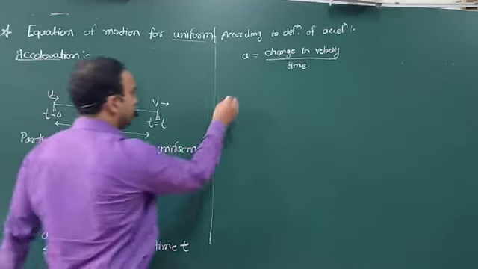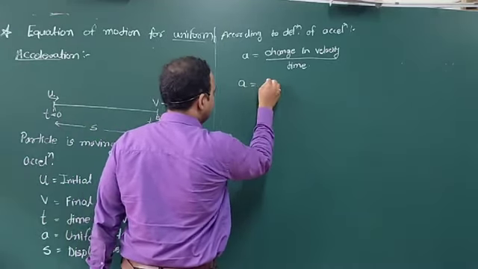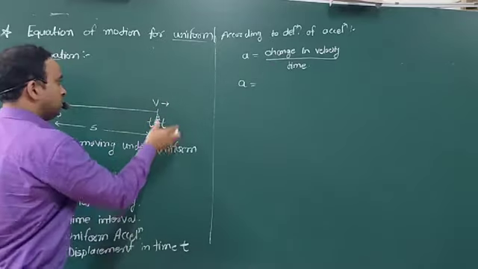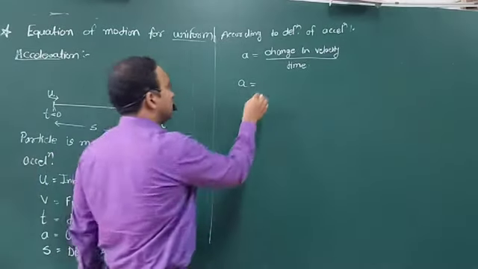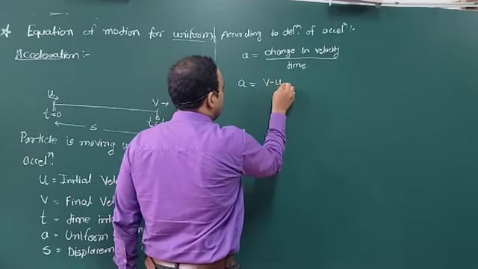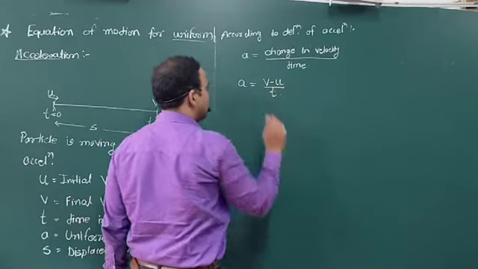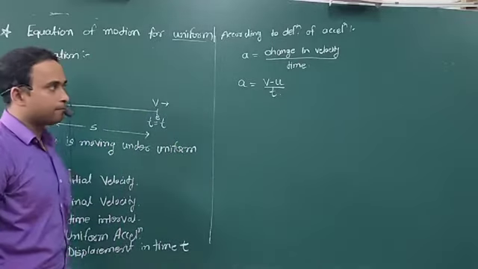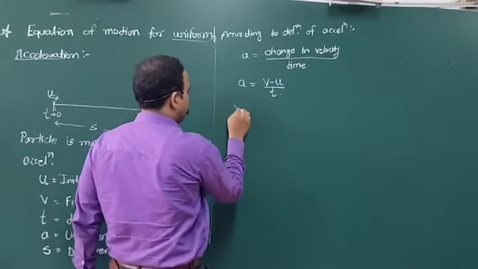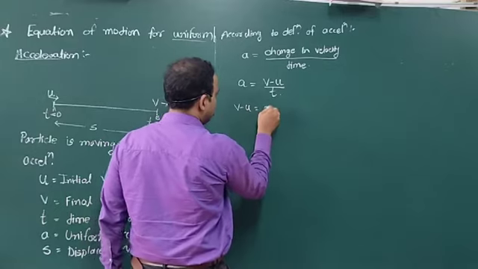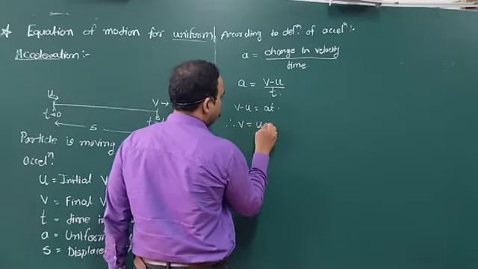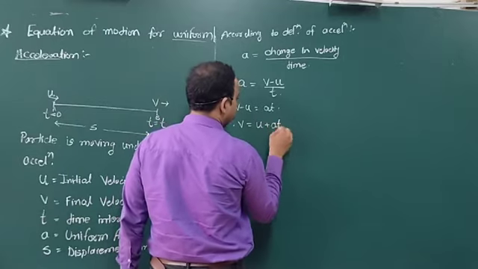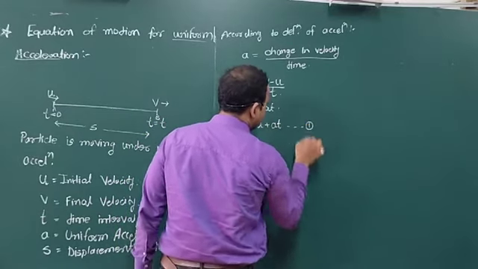So we get acceleration a is equal to change in velocity, meaning final minus initial. So we get a is equal to v minus u upon t. So v minus u is equal to at. Therefore v is equal to u plus at. Calling it equation number 1.